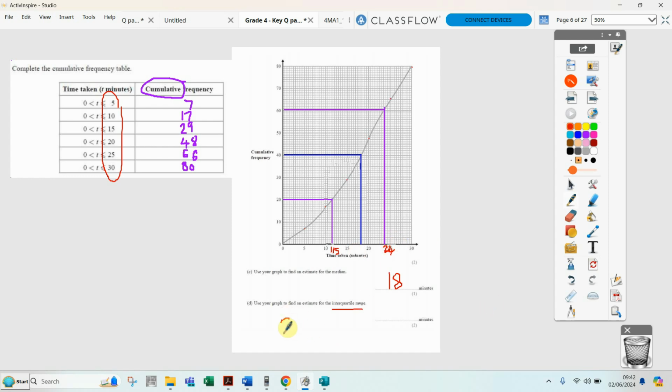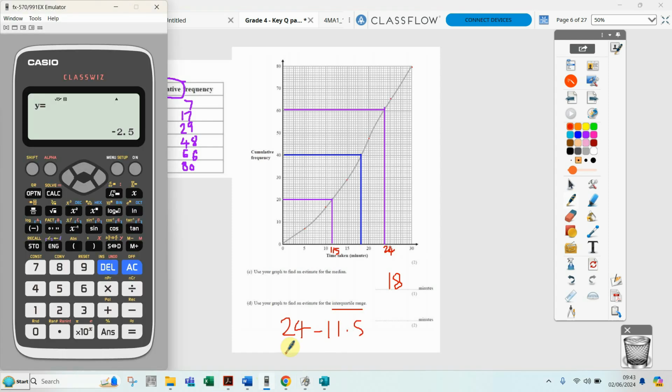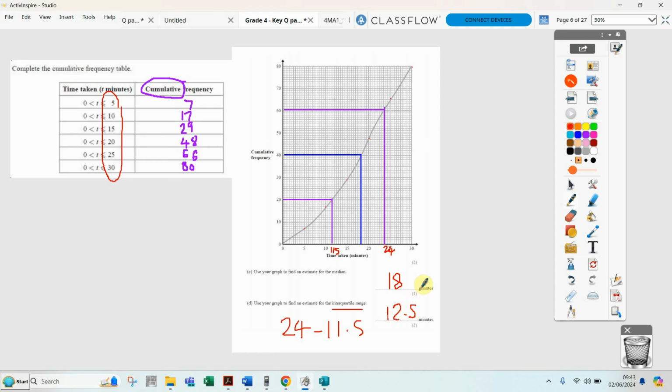So whatever your numbers are, you take them away, and that gives you the interquartile range. So 24 minus 11.5 gives you 12.5 as the interquartile range.